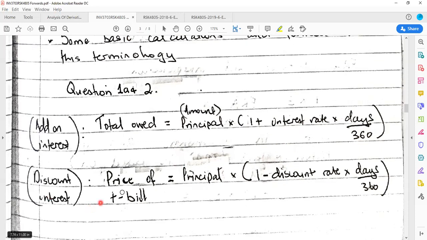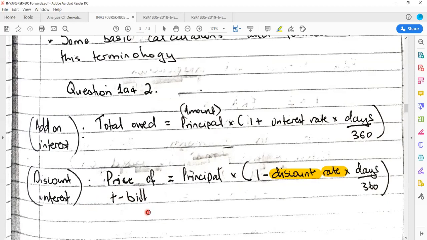And then we also have what we call a treasury bill. A treasury bill is the next type of investment, and you also have to be able to calculate the price of a treasury bill. Treasury bills work with what we call discount interest or a discount rate.